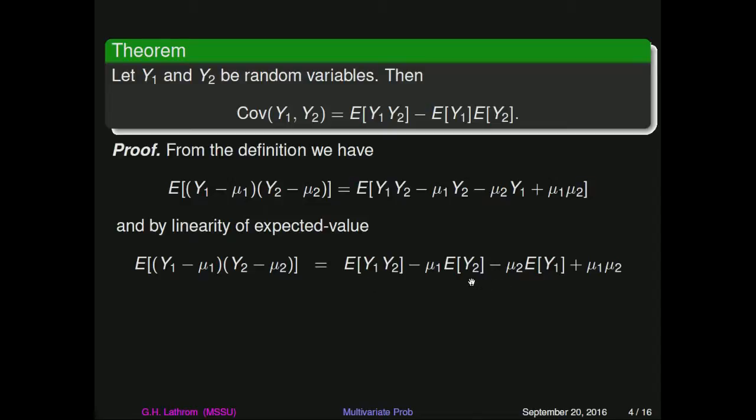Now the expected value of y sub 2 and the expected value of y sub 1 are just mu sub 2 and mu sub 1. So with this expression, some of our mu sub 1 mu sub 2 terms cancel out, and we're left with the expected value of y sub 1 y sub 2 minus the product of the expected values.